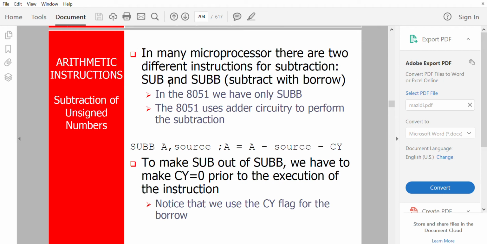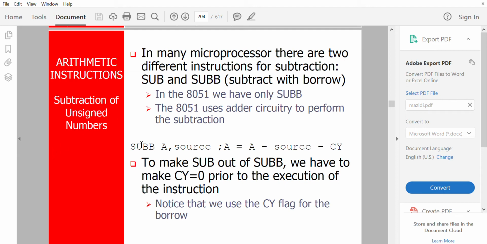So you can only subtract with borrow, and here the borrow is taken as the carry. If the carry flag is set to 1, that will be taken as a subtract with borrow, and carry flag is 0 means the borrow is taken as 0.